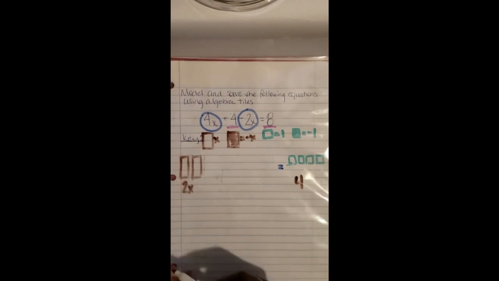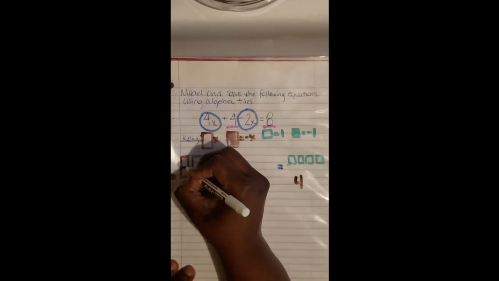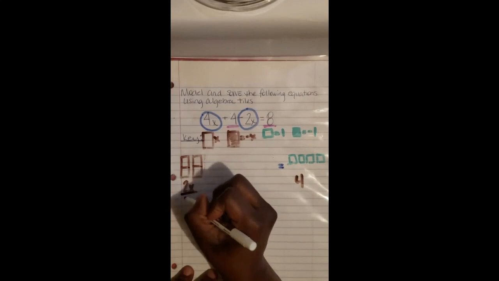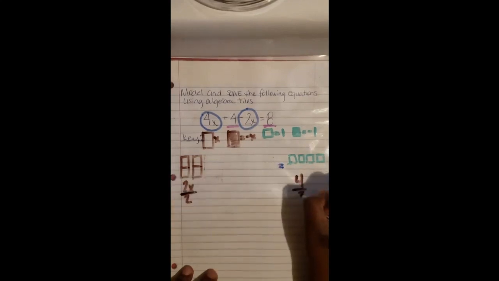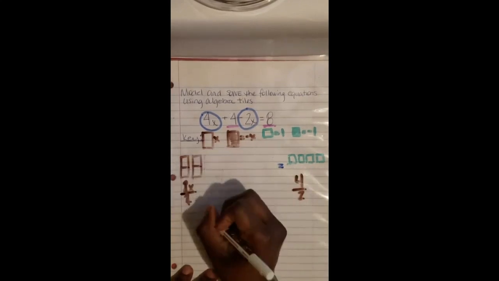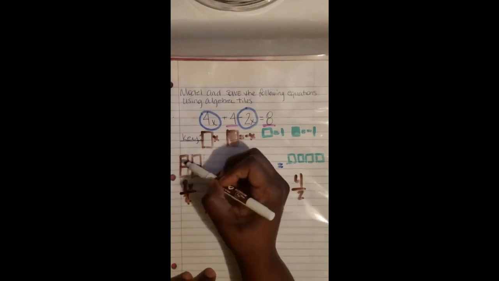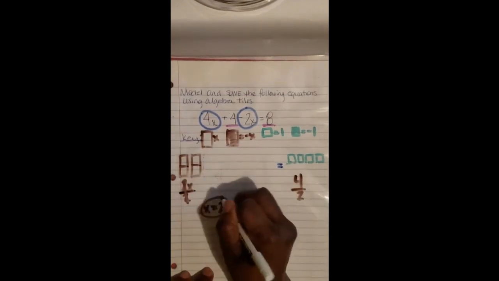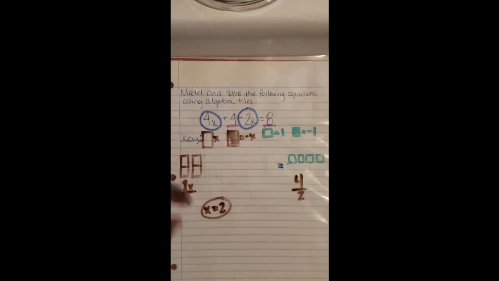So in order for you to get 4, we see that you have to divide each one of these in half, and you will get 4 single units. So you're dividing 2 on both sides. That means each one of these x boxes, we're going to have 2. You need to divide each one of your x's by 2 to get 4 of your single.